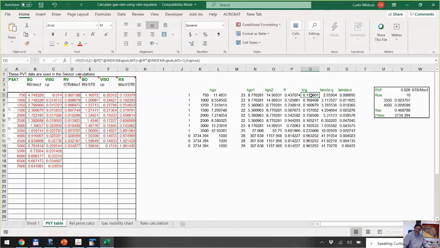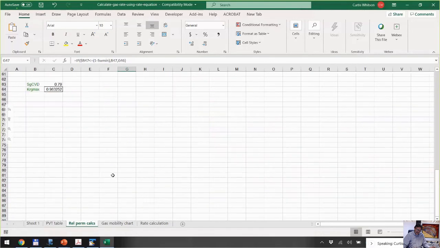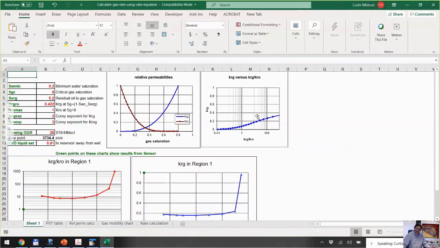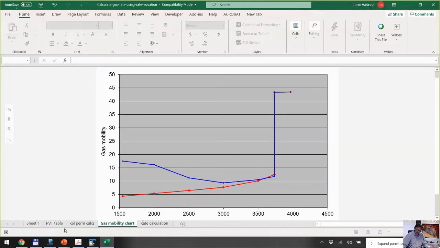So this is by interpolation in the, I don't know where the plot is, Relperm, but no, this one here. So he's doing interpolation to get the KRG from the KGKO here somewhere.